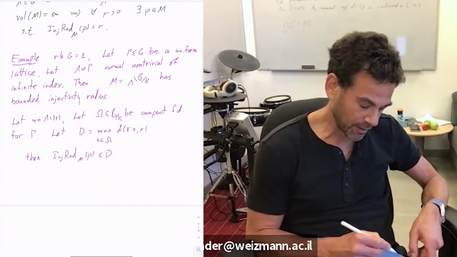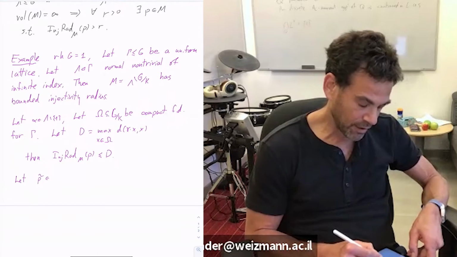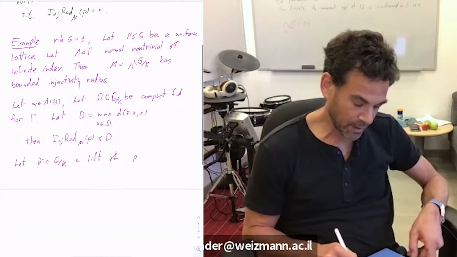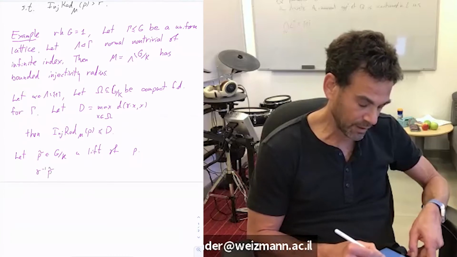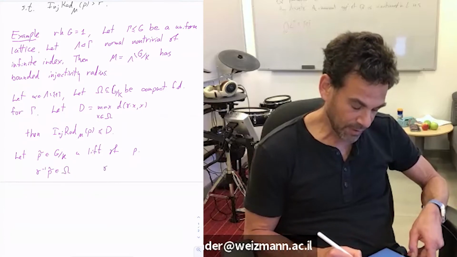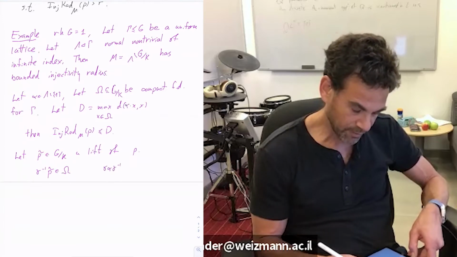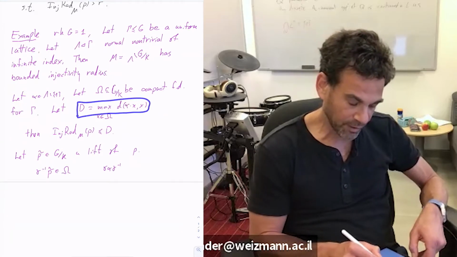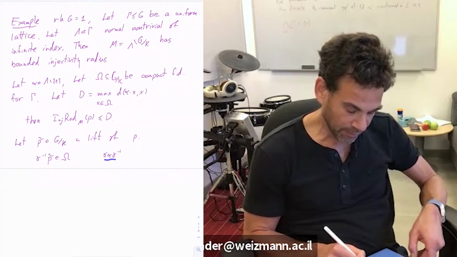To see that, let P tilde be inside G mod K a lift of P, and take gamma such that gamma inverse P tilde is brought into the fundamental domain. Then think of the element gamma alpha gamma inverse. Since the fundamental domain is compact, alpha has some bounded displacement on it.